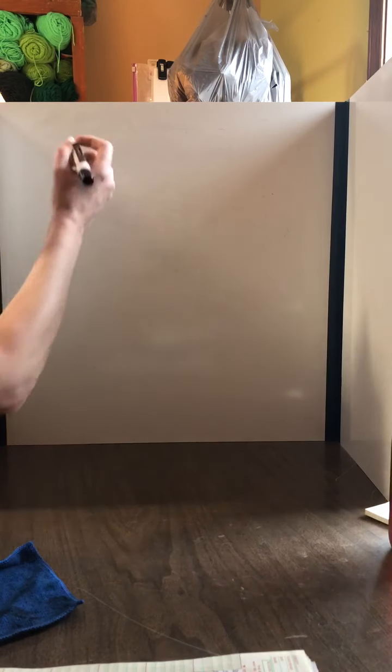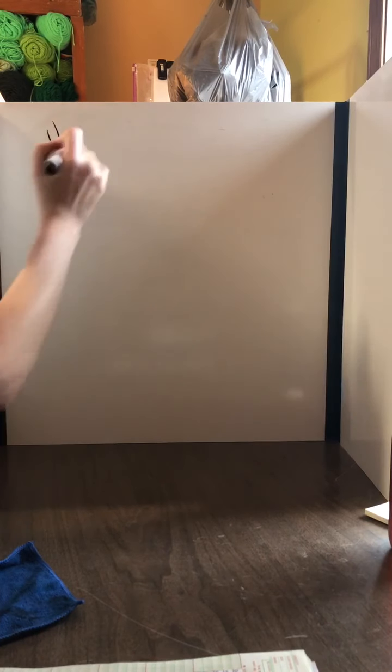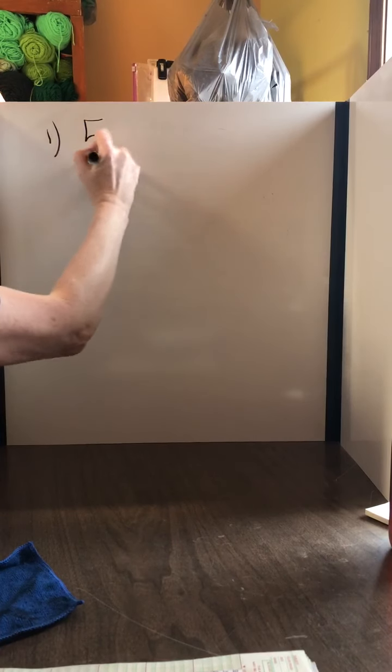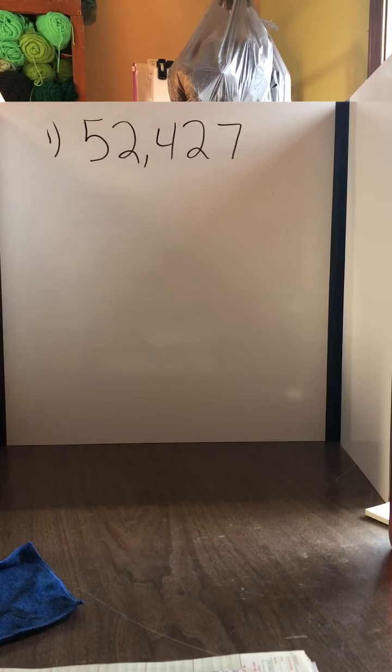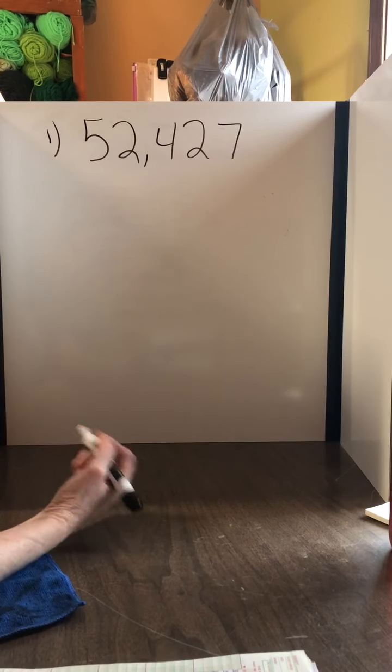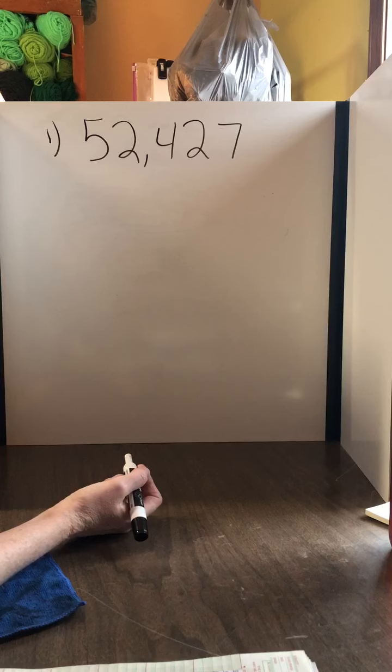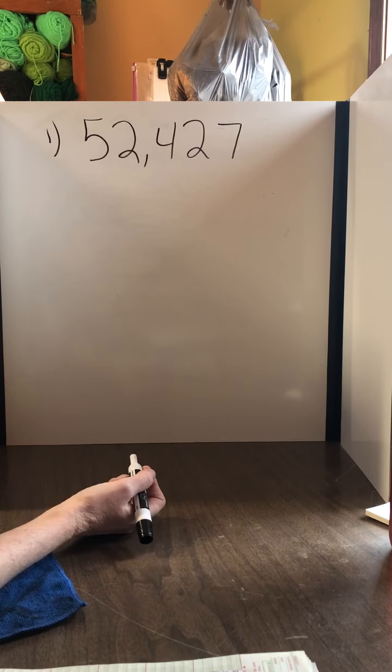So let's look at problem number 1 on your homework, and that is 52,427. And we're going to take this number that's in standard notation currently, and then we are going to convert it to scientific notation. So the first thing I need to do is rewrite it as a number that's between 1 and 10.